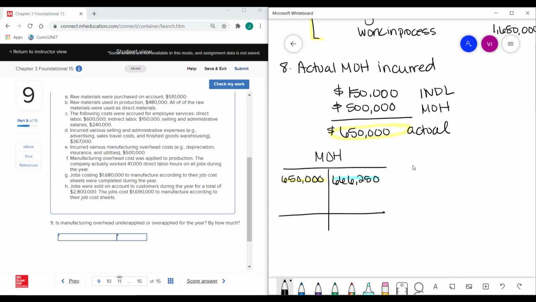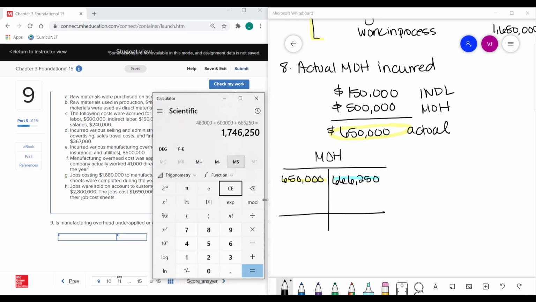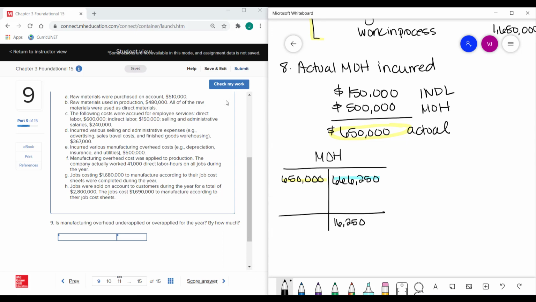So are we over or under applied? So to figure that out, we need to see where the balance lies. So it's heavier on the right side, the credit side. So the balance will be on the credit side. So let's see for how much. Let's find the difference between the two. That's $16,250. So is this over or under applied? So remember, this is my actual side, and this is my applied side. Which side is heavier? This side, right?